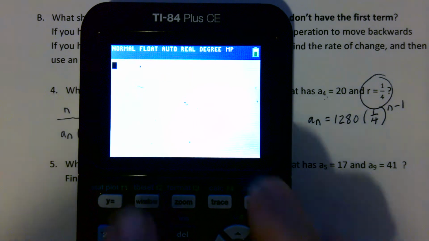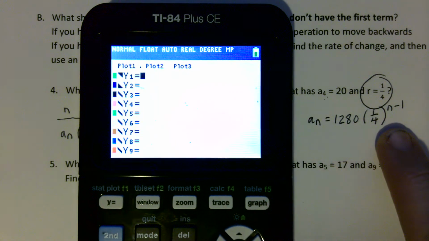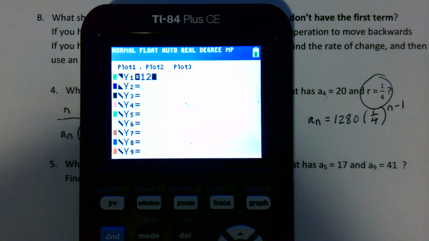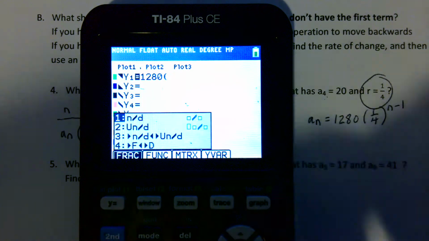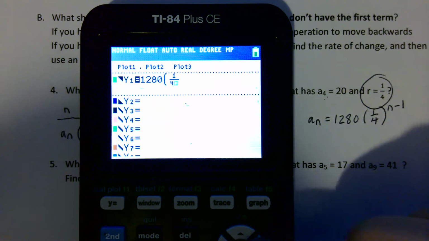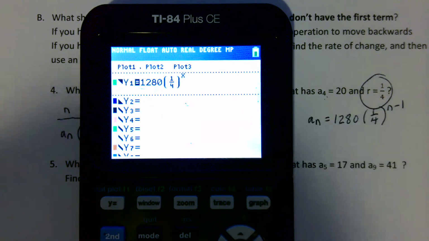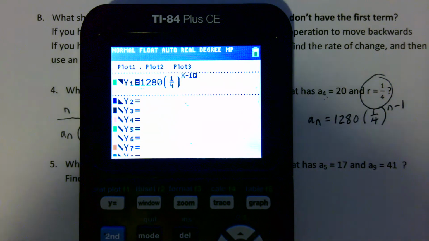So let's go to y equals, and we're going to put this in so we can get our table of values. 1280 times 1/4 to the x minus 1 power.